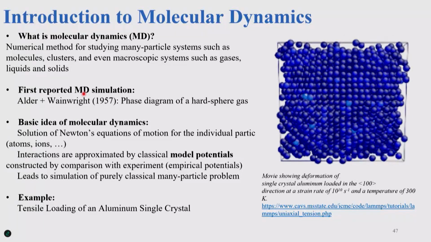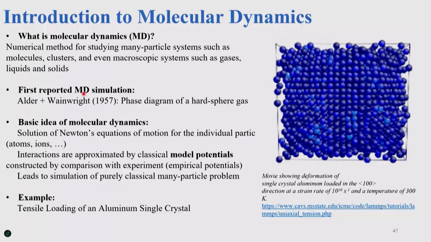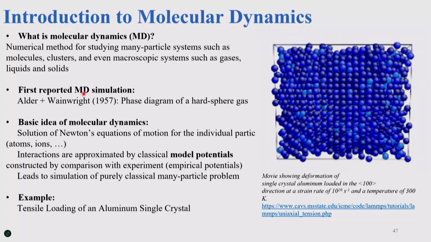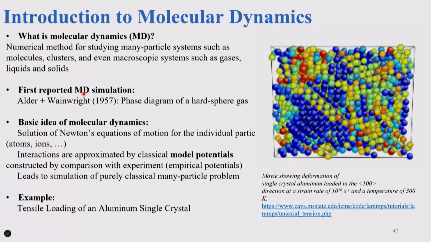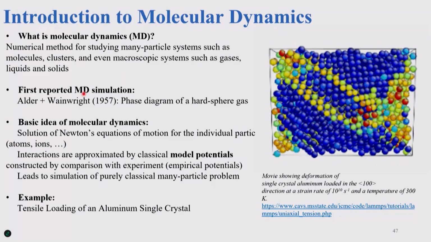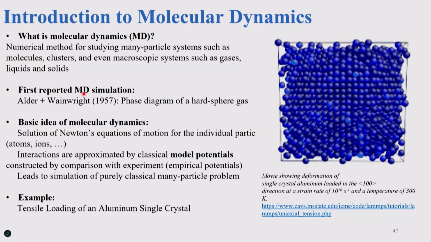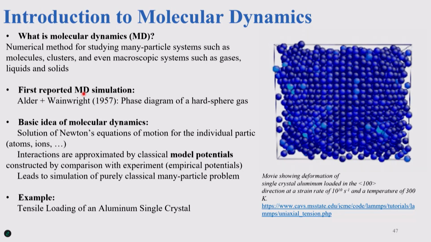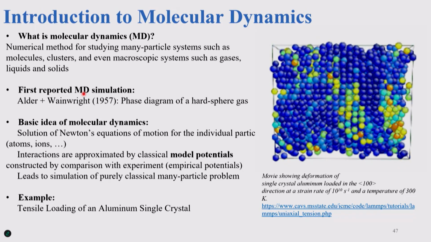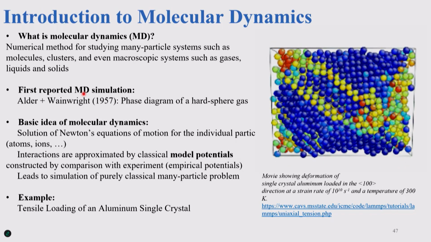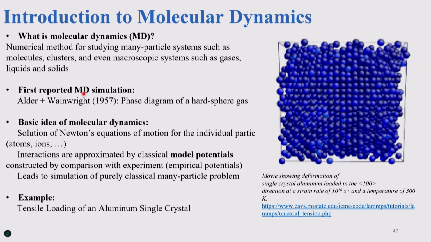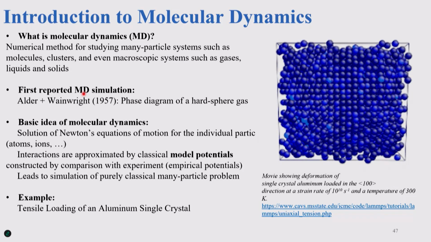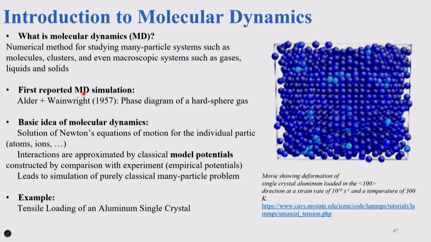Anyways, so molecular dynamics. Here's a nice little image or video on the right hand side, where we are trying to simulate a single crystal aluminum loaded in the 100 plane and straining it, to see how the atoms move. Now think of it, all of the atoms are linked to each other, and we are trying to solve this complicated equation, and we cannot do it analytically.